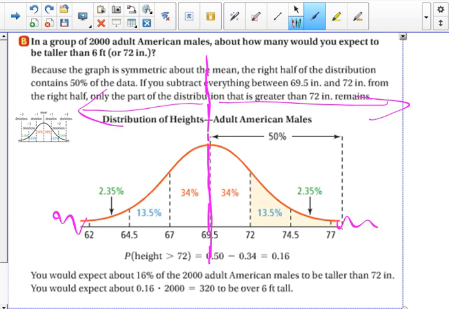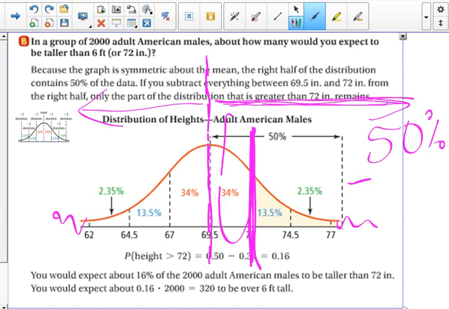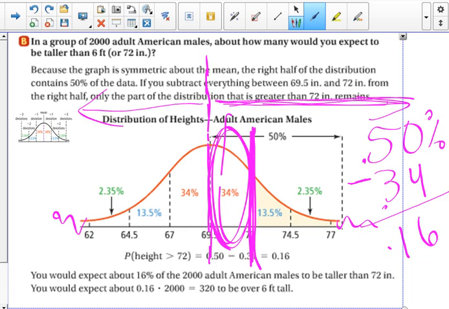So if we're trying to get everybody greater than 72, then we take our 50% and we subtract from that this 34, because we've got this side. Okay? And when we do that, what do we get? 16%.